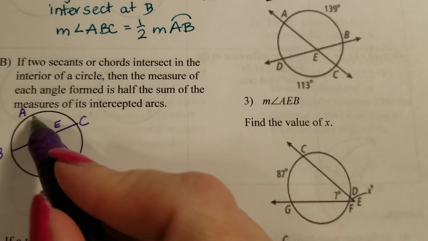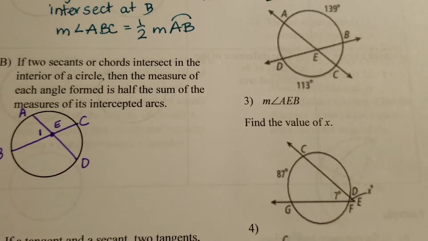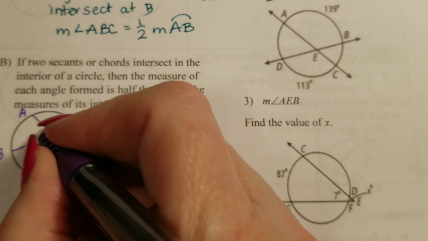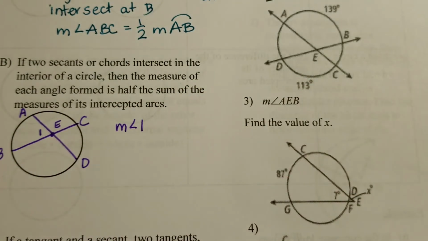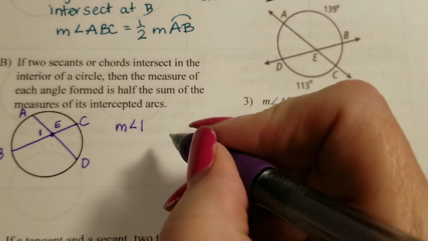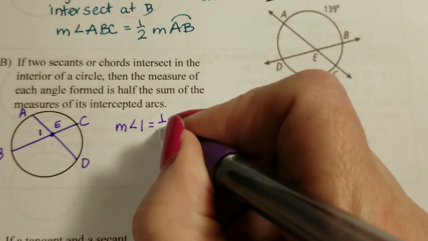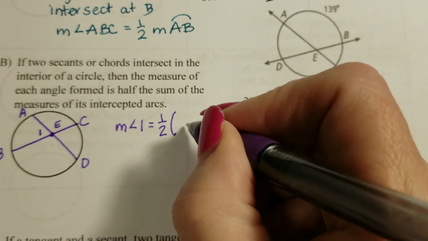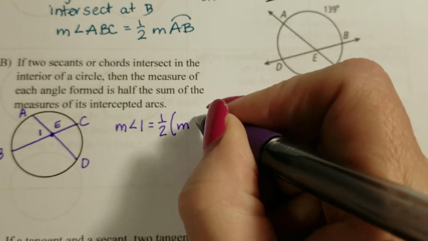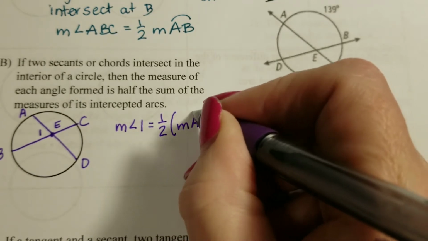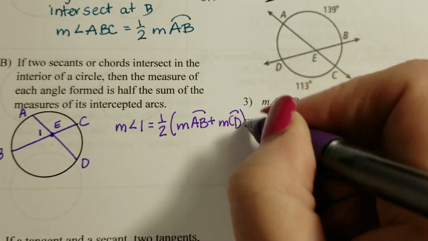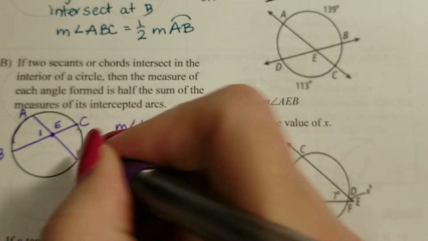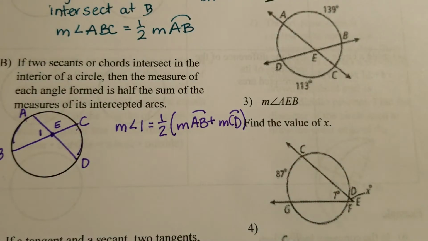So we have chords that intersect at point E, and the measure of angle 1, or if you wanted to name it AEB, that would be fine, is 1/2 of the measure of the arc AB plus the measure of the arc CD. So this arc plus this arc, and you divide it in half.